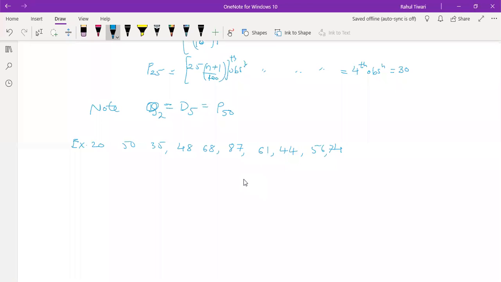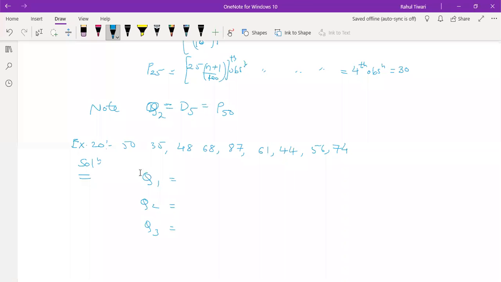The last one is 74. Let me know the solution. I'm not going to solve it, I just want to write the values directly. So the only thing is that you have to put the data in order.